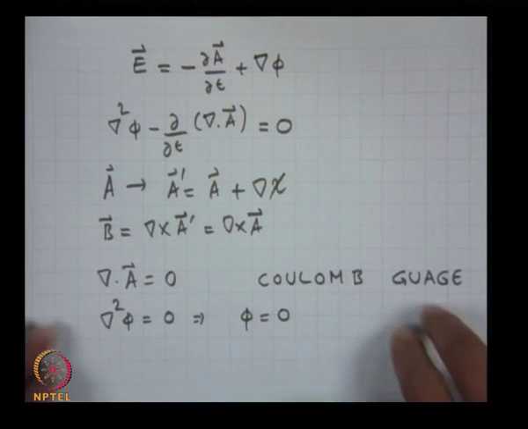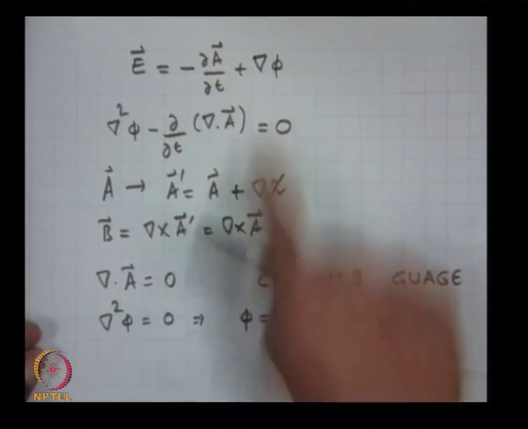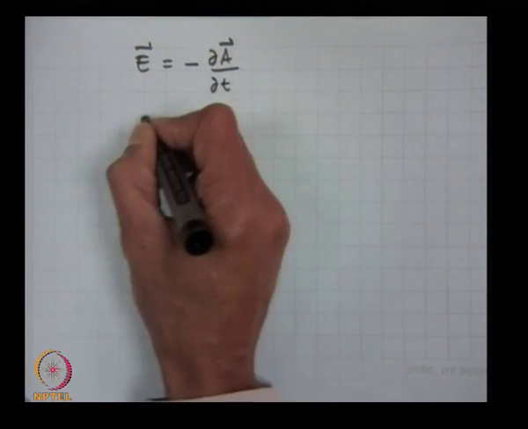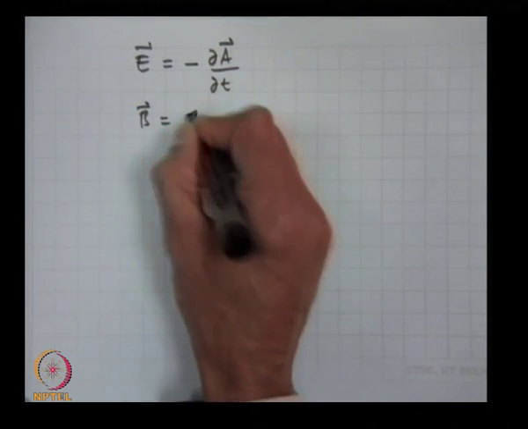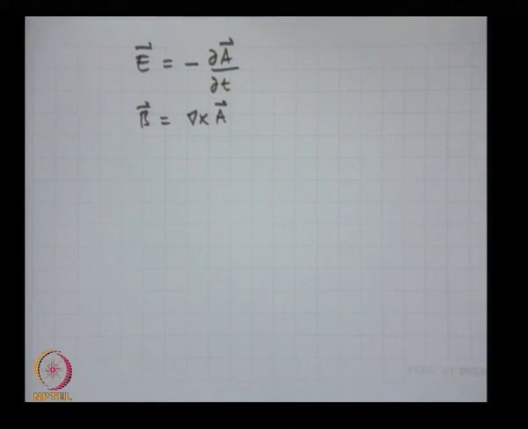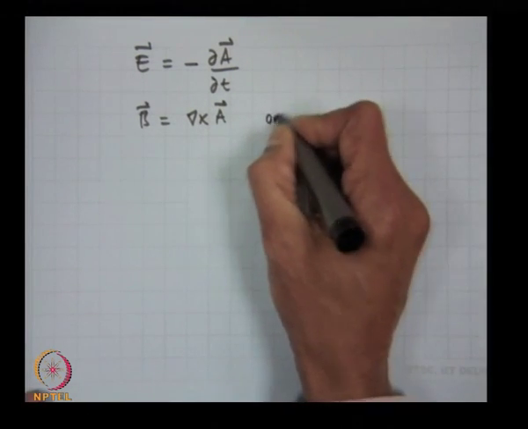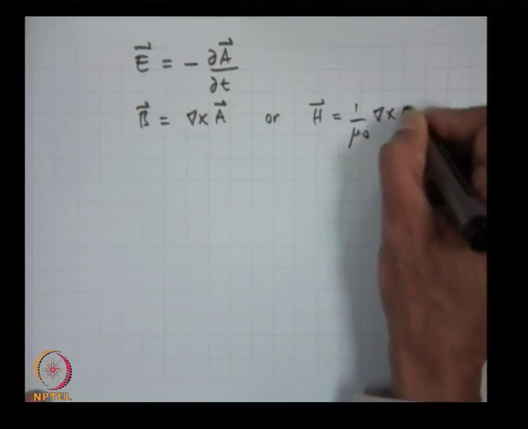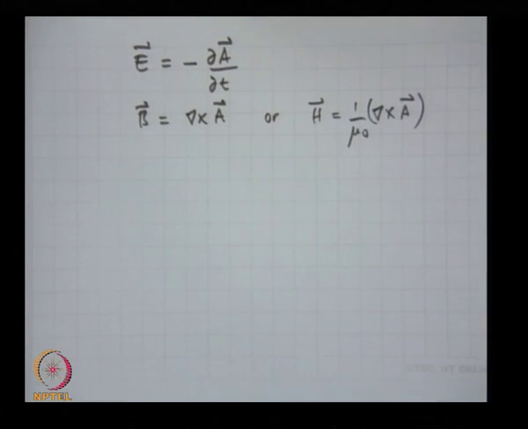Okay, so what I get now is that because phi is equal to 0, the electric field is given by minus del A by del t, and the magnetic field is given by H is equal to 1 by mu naught del cross A. So if I get the value of vector potential A, I can find out both the electric field and the magnetic field.